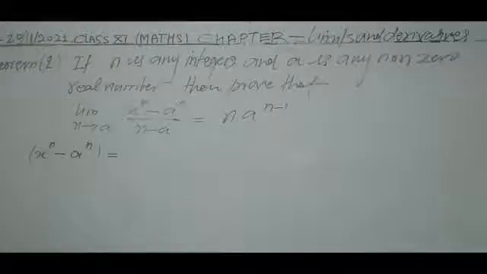Suppose this is the polynomial and you put its value x is equal to a, then you will get its result as 0, which means x is equal to a is a zero of the polynomial.